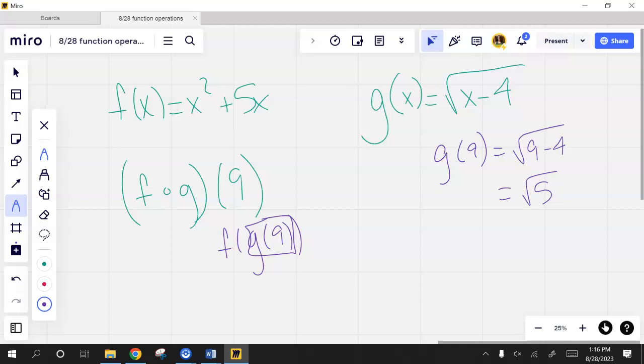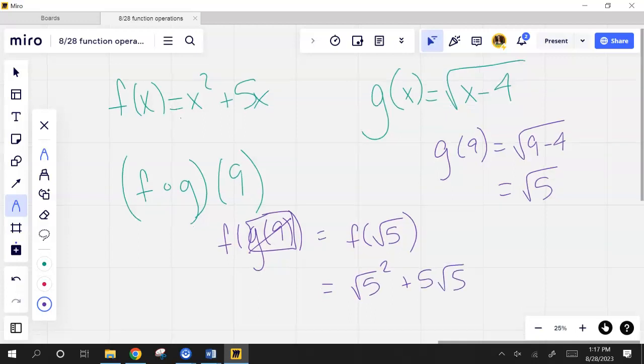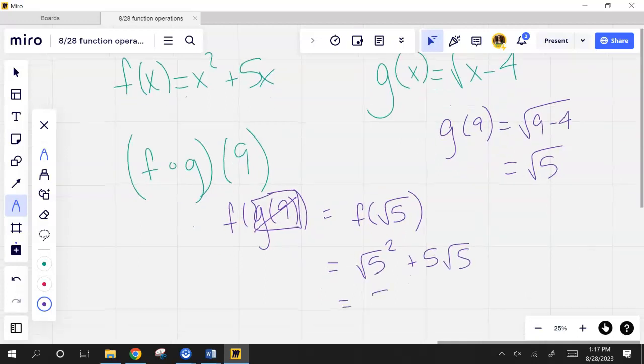Only whenever there's an x in there. Okay, so that's what g of 9 is. So now I can say, if g of 9 is the square root of 5, then really what I'm looking for is f of square root of 5. So I go back to f and I say, square root of 5 squared plus 5, it's not x, it's square root of 5, which is 5 plus, that's it.